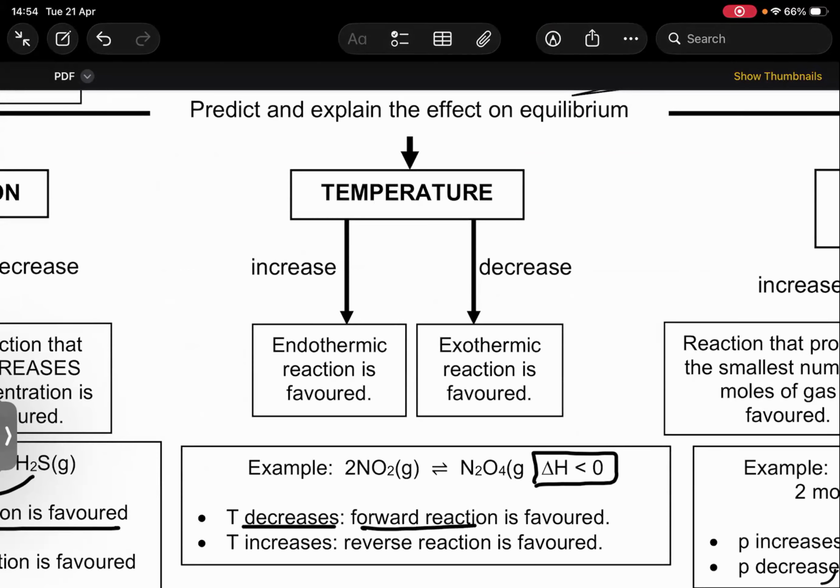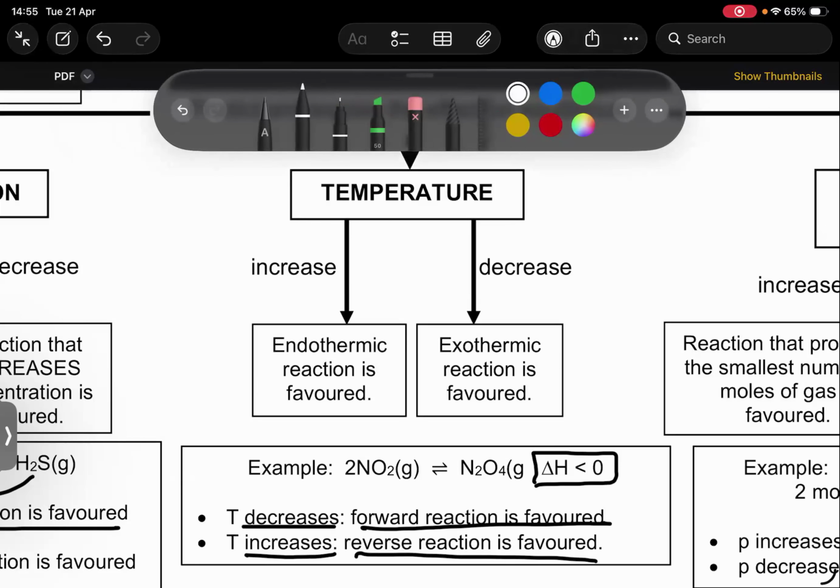The forward reaction is going to be favored. But whenever they increase the temperature, because the forward reaction is exothermic, it means the reverse reaction is going to be endothermic. Hence, it's going to be favored. Do you understand this concept?